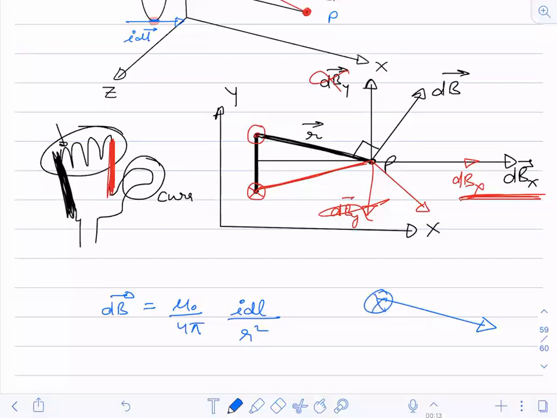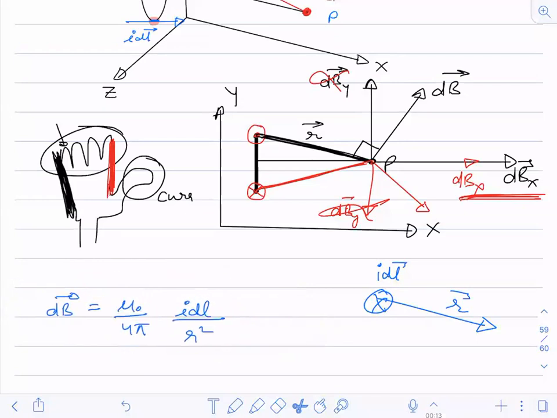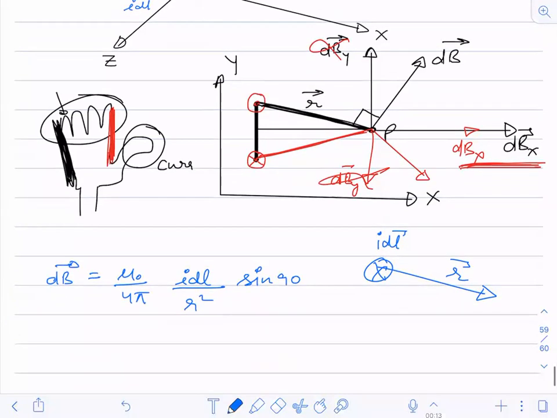So what is the angle between them? The angle between them is 90 degrees. Very good. It is sine 90, so sine 90 becomes 1 now.